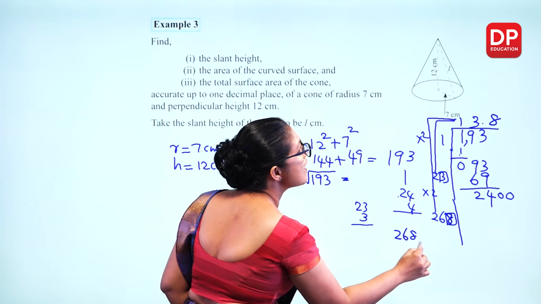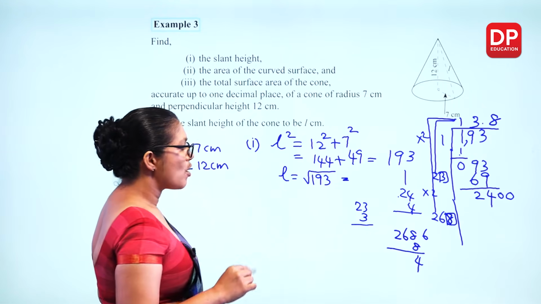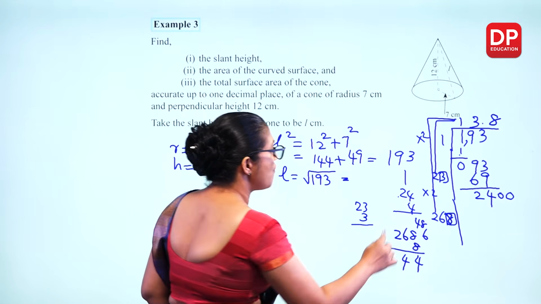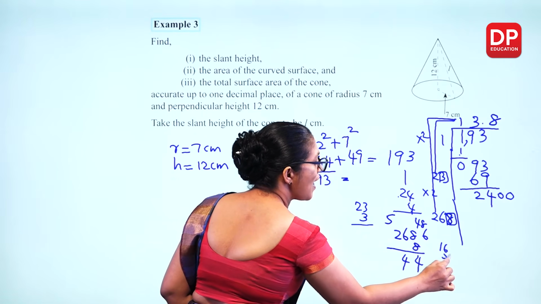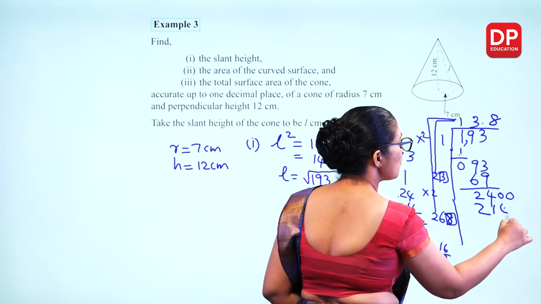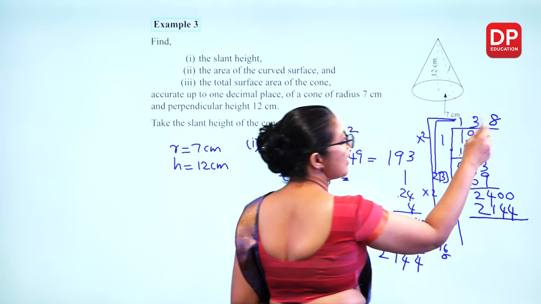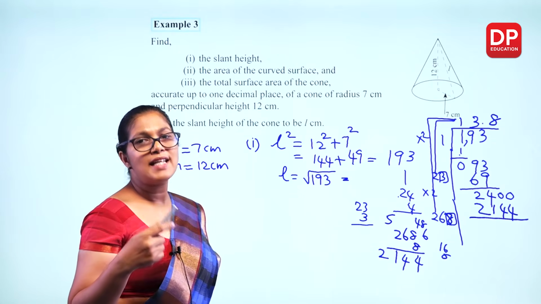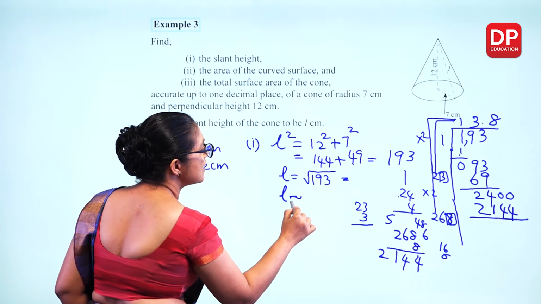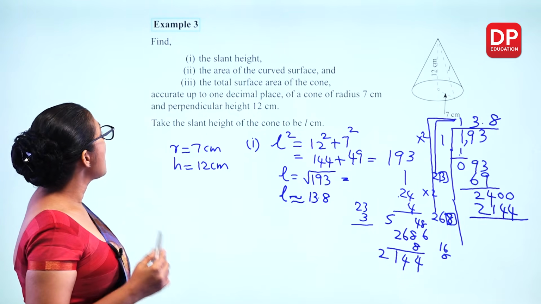So 268 multiplied by 8. 8 times 8, 64. 6 remaining. 8 times 6, 48. 48 plus 6, 54. 5 remaining. 8 times 2, 16 plus 5, you get 21. So 2144. When you take the remainder, you can divide further, but 13.8 is enough for this calculation. So here we'll take L as 13.8. Now we have found the slant height.